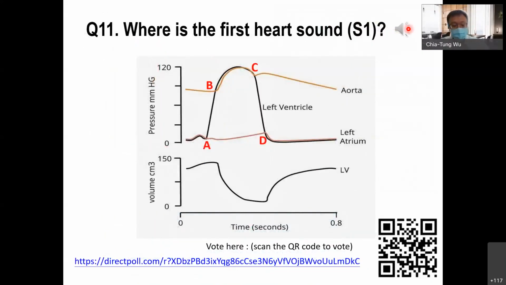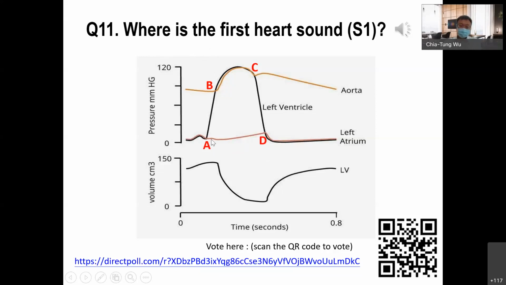I think some of you already have a stethoscope and can hear your own heart sound. For normal people, we have two heart sounds, S1 and S2. Dun, dun, dun, dun. So points A, B, C, and D. At which spot do you hear the first heart sound?